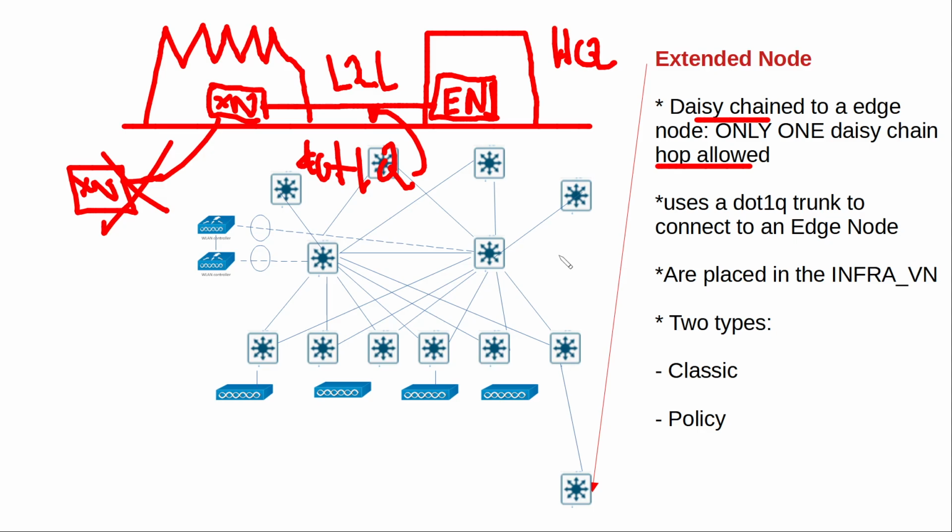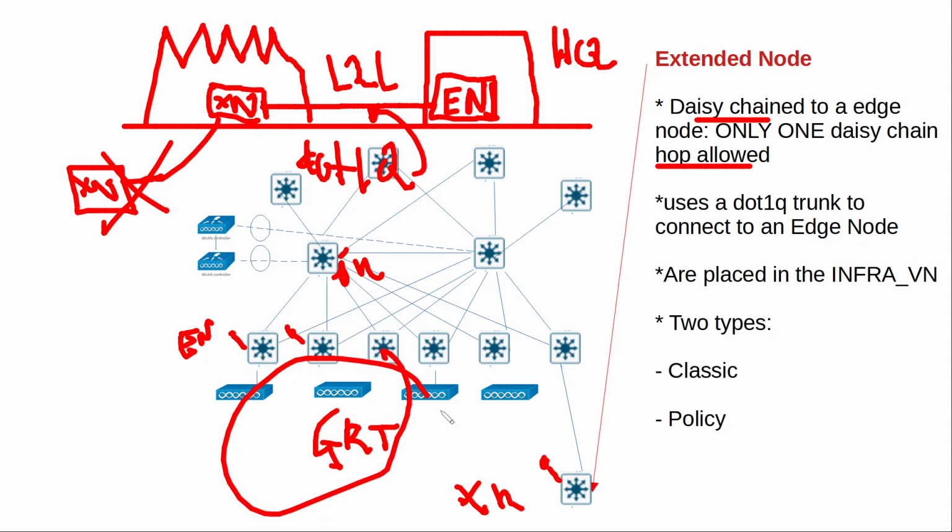And just a note here before going any further: the addressing that corresponds to these extended nodes is not placed in the global routing table as other devices. Remember that when we talked about the underlay, the loopback IP address that belongs to the edge nodes and intermediate nodes and other nodes are placed in the global routing table.